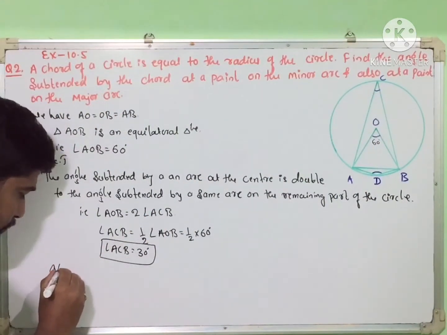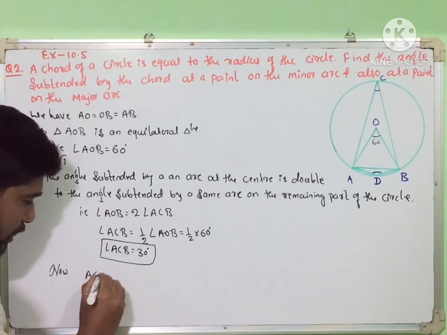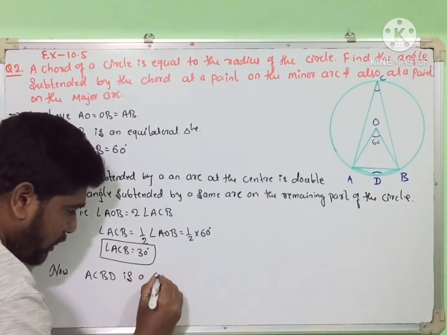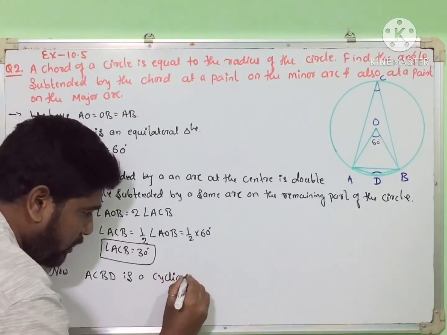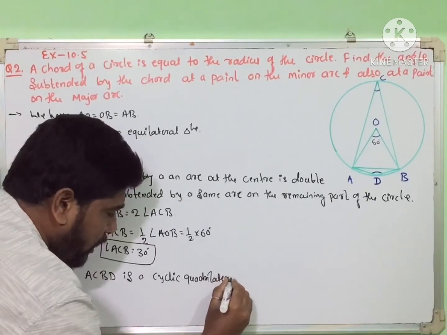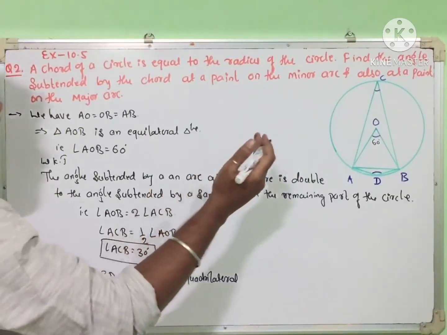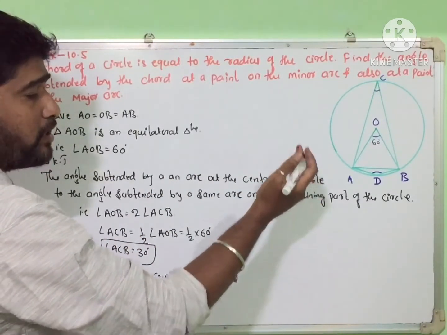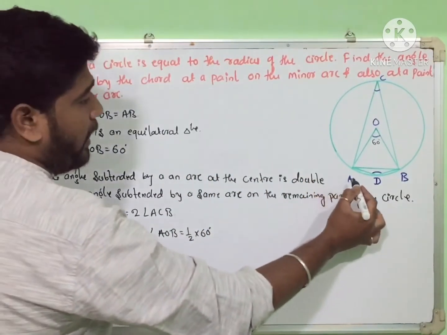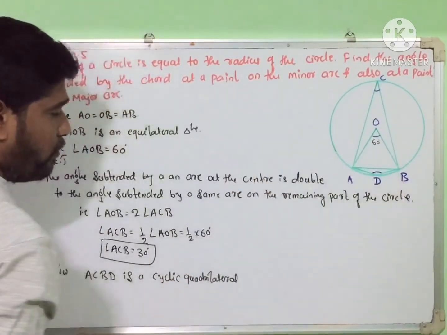So now ACBD is a cyclic quadrilateral, means we know that the sum of opposite angles is 180. So here the angle ACB plus angle ADB is equal to 180.